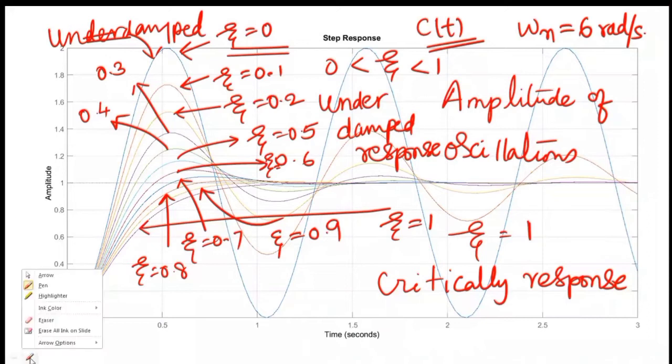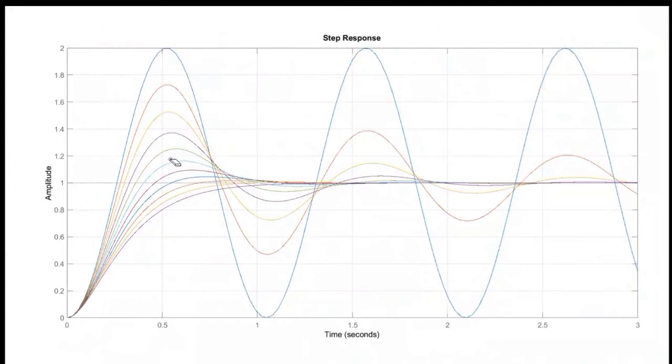Based upon this, we define certain parameters over the time response analysis.